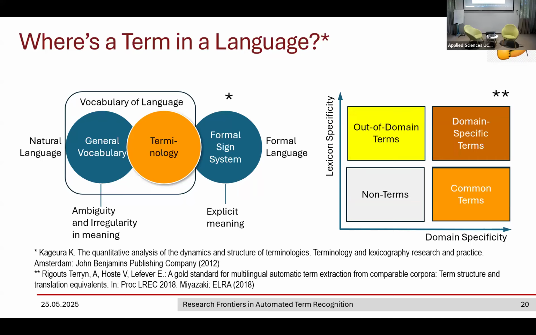And the more specific means that it's more explicit in its meaning. So different pragmatic contexts of an expression indicate less domain specificity. Similar thing about the lexicon. There are just two independent aspects to analyze, proposed by the authors of this paper to suggest these four categories of terms and not terms.